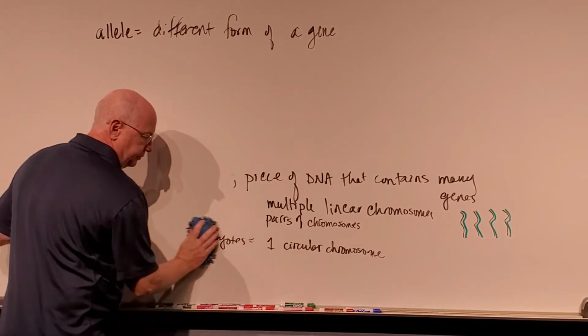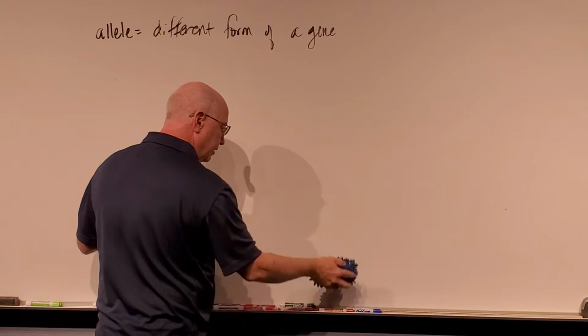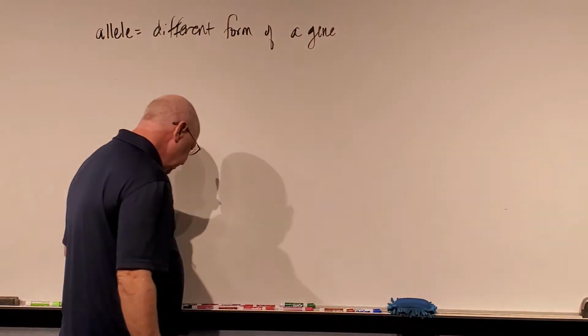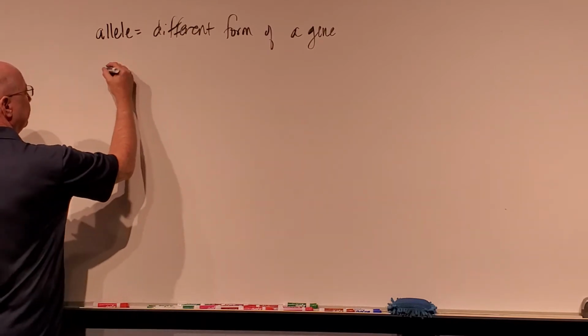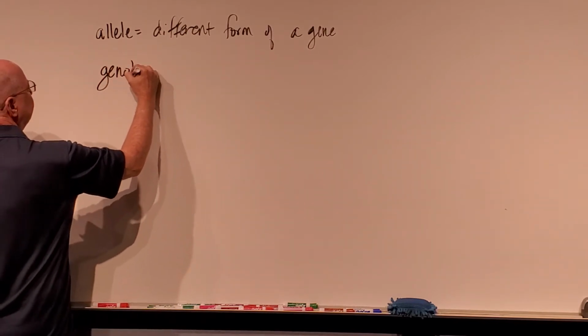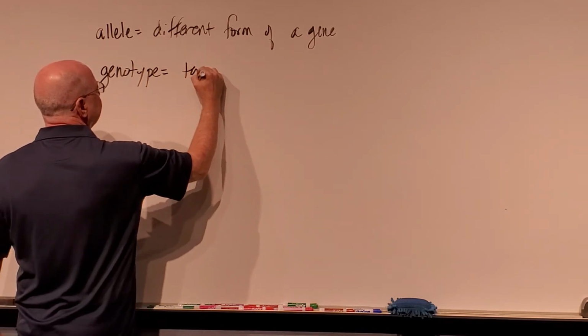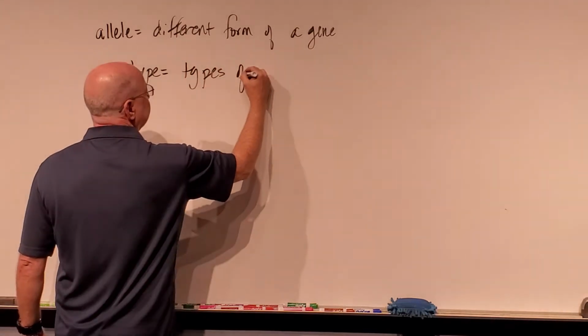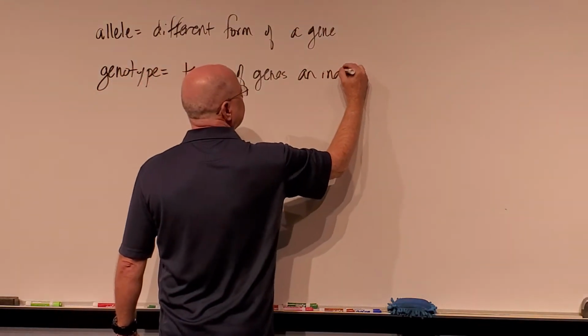Okay. Now, we could go down a rabbit hole and spend an entire year talking about genetics alone. Now, when we talk about alleles and we talk about chromosomes, one of the things we need to talk about is this term called a genotype. The genotype is, this is how I like to think of it, the types of genes an individual carries.